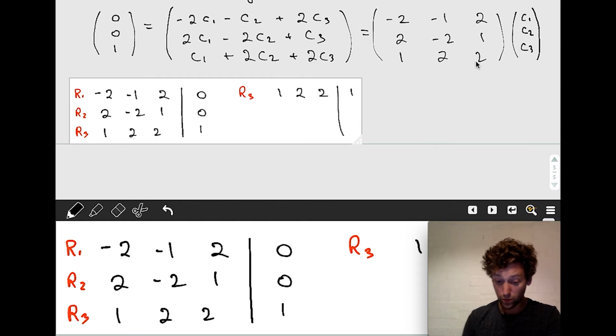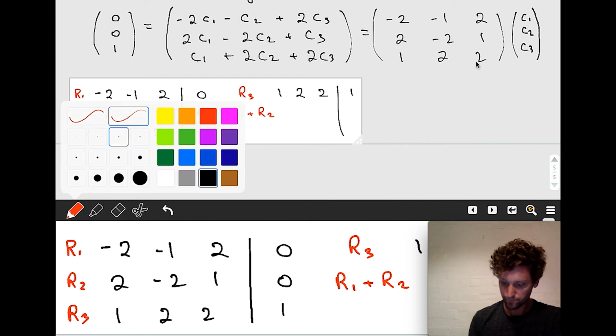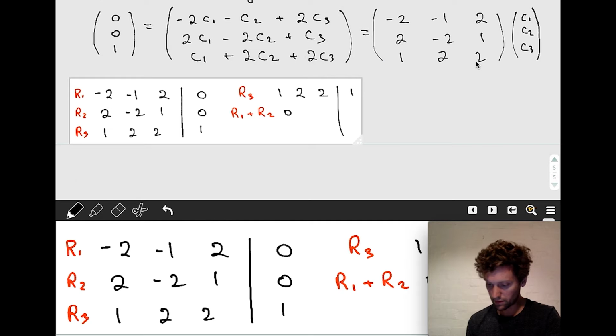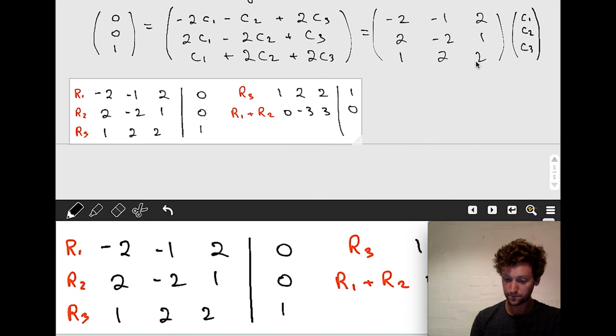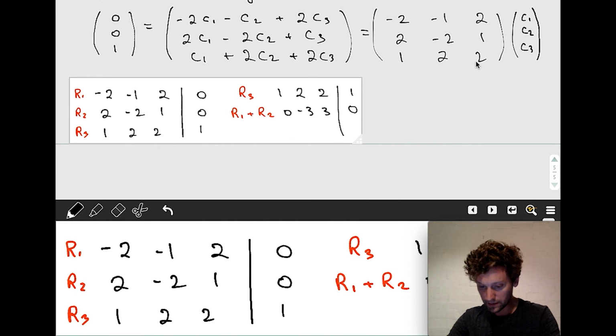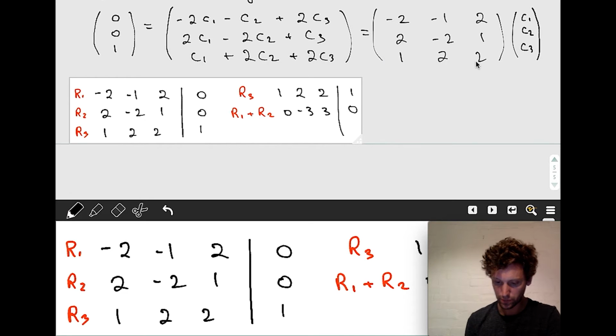Let's add together R1 and R2 to get rid of that first column. So I've got 0, minus 3, 3, 0. And we need something else. Let's just put down R2 again, because we're going to have to get rid of it.